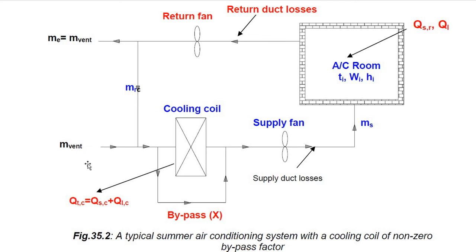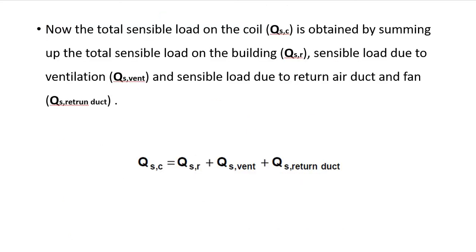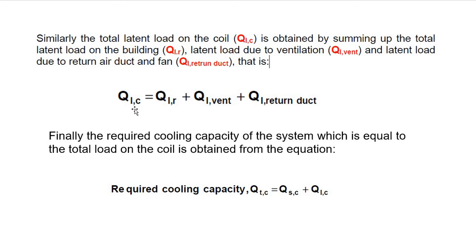So we have to remove the moisture content of that atmospheric air. We have to reduce the moisture content, so that will cause latent heat load due to ventilation. So room latent heat plus latent heat due to ventilating air plus latent heat load in the return duct. If there is a leakage of atmospheric air into this return duct, that will cause some latent heat loads. So that is QLC.